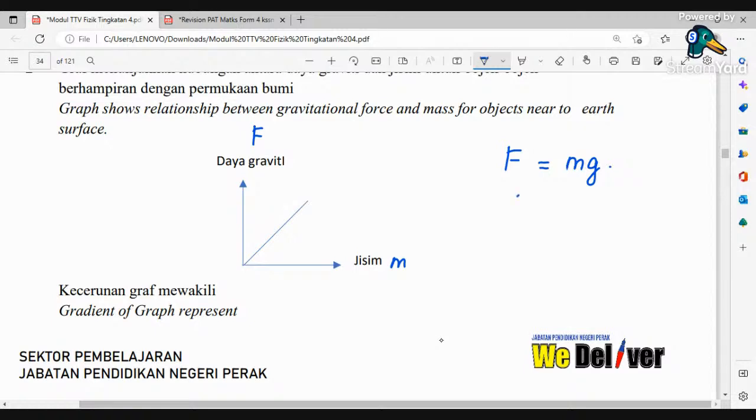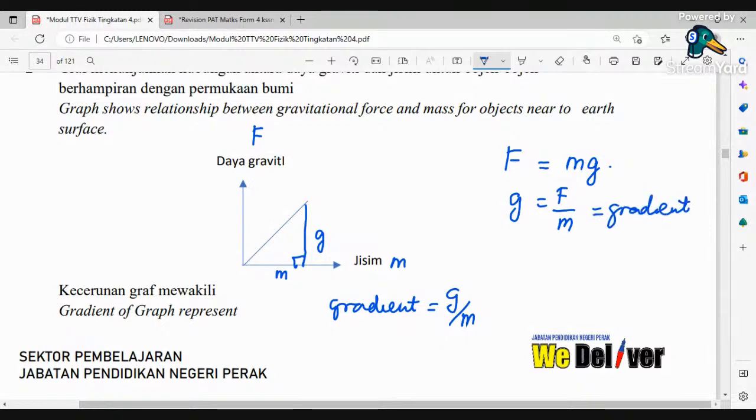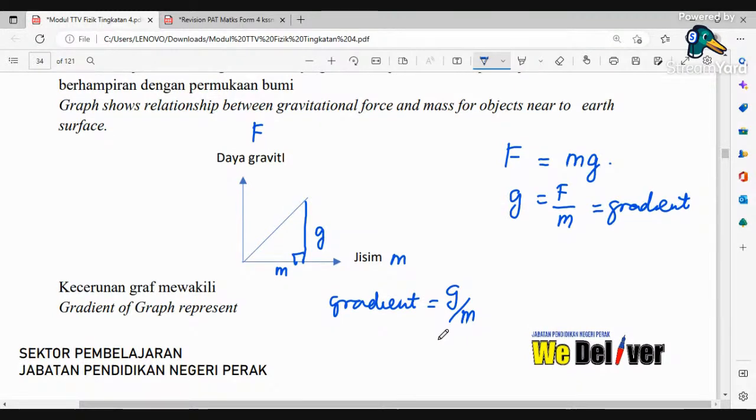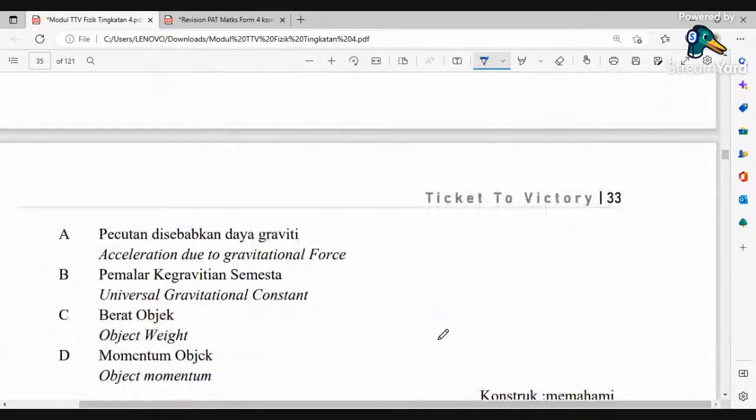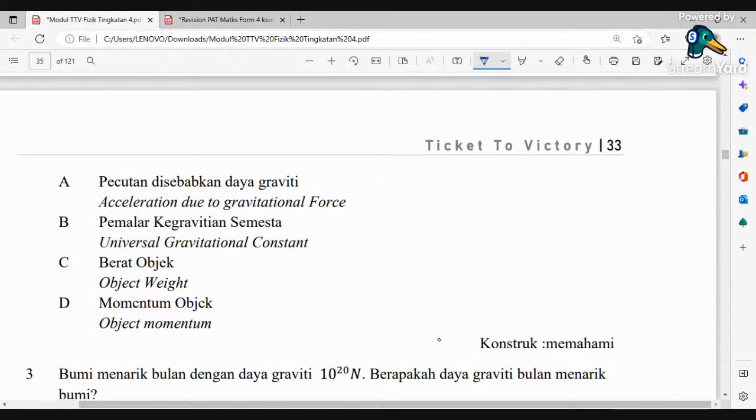So g equals F divided by m. If you calculate using the gradient, this is F, this is m, so the gradient equals g. Here, the gradient equals gravitational acceleration. So the answer should be A, acceleration due to gravitational force.